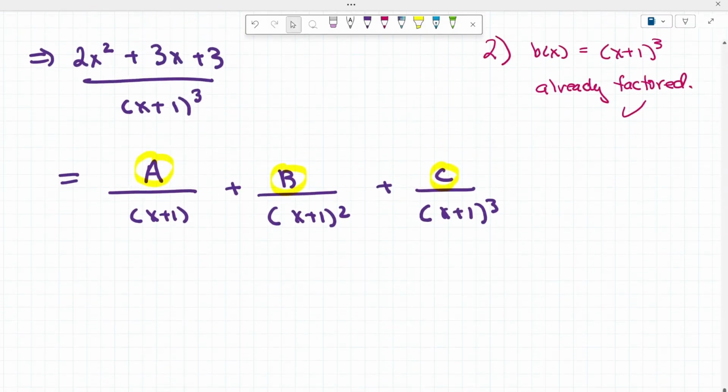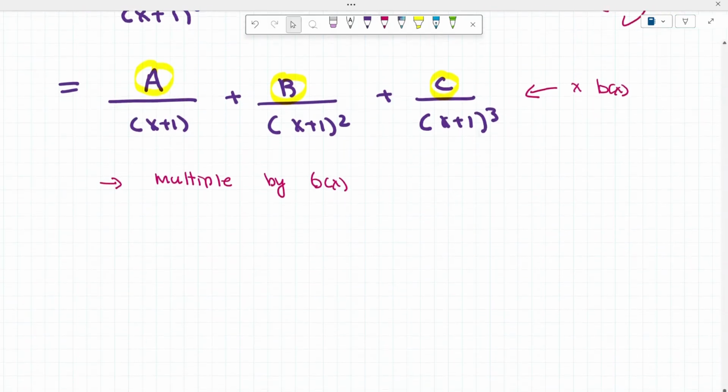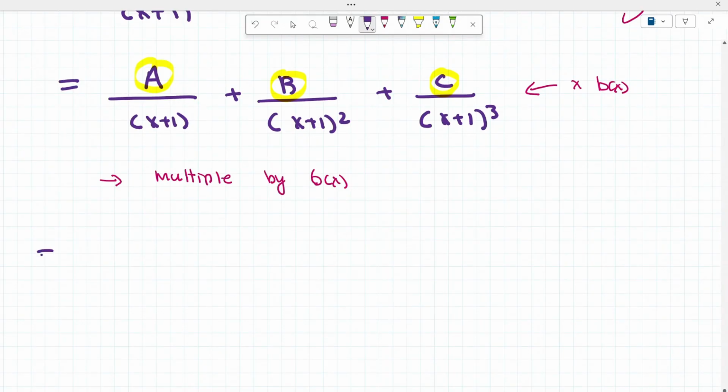So we're going to set up a linear system of equations. In order to accomplish this, we have to multiply this equation by b of x. That's going to help us solve for A, B, and C, because we're getting rid of our denominator so we can just focus on the numerators. So what happens when we perform this multiplication?